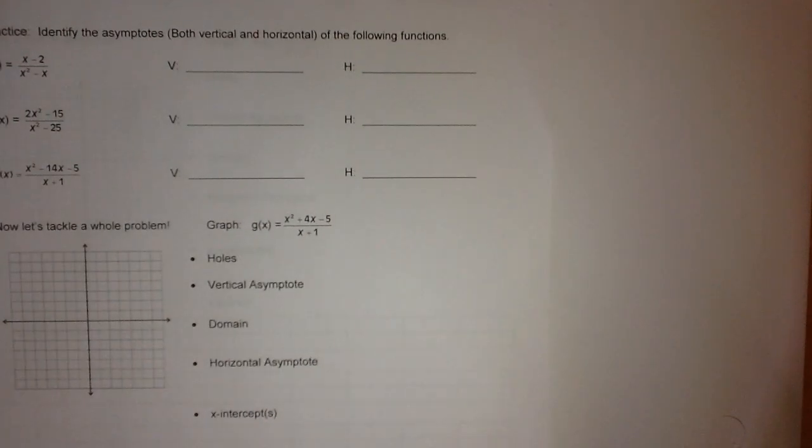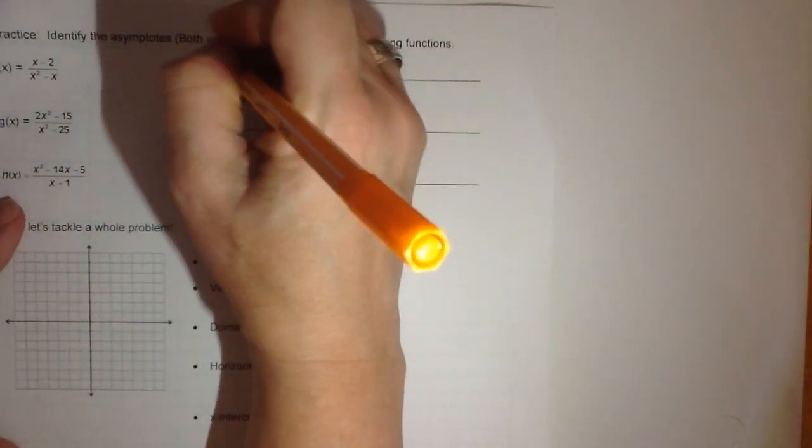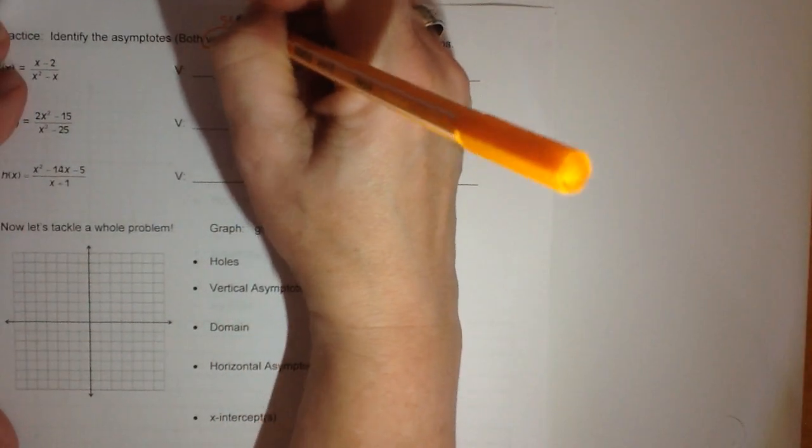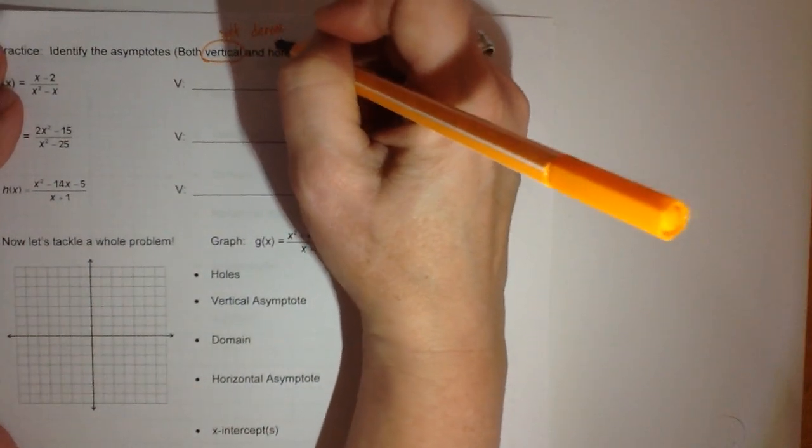So we're going to practice identifying asymptotes first, both vertical and horizontal. So first let's think about, how do we find vertical asymptotes? We find vertical asymptotes by setting the denominator equal to 0.